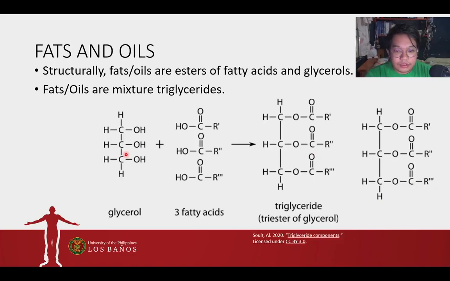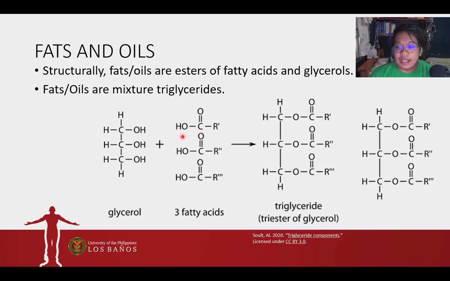So, as mentioned earlier, the structure of our fats and oils is a combination of glycerol and fatty acid. This is our structure of glycerol and fatty acid. By fatty acid, it means you have an R group that is a long hydrocarbon chain, and a carboxylic end. Okay?